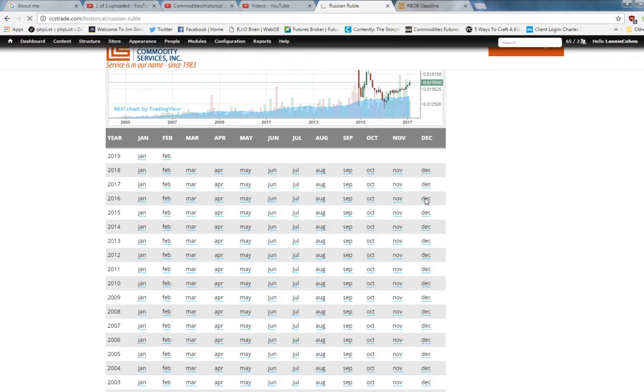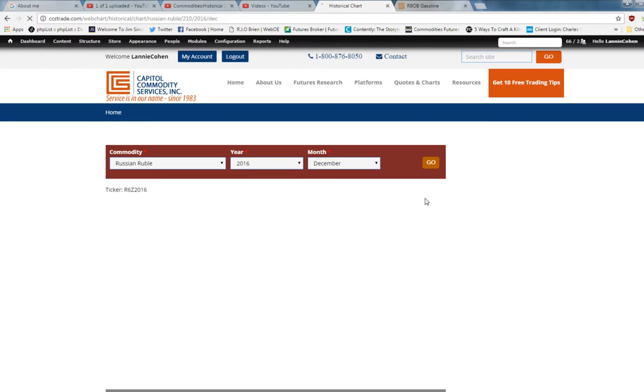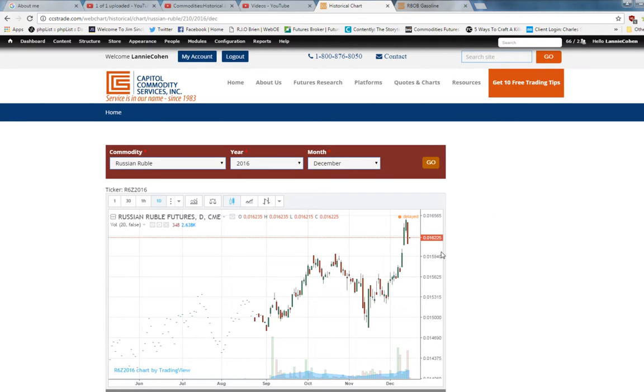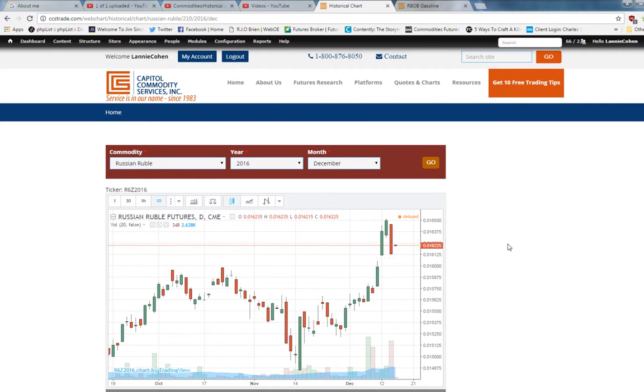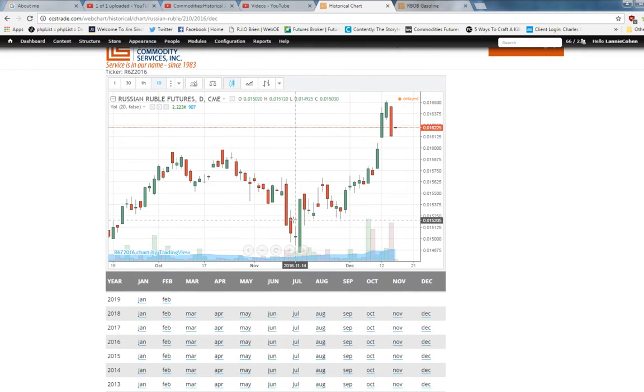Since that was such a historic move after the election, let's look at what happened after the election here. This is a daily chart for the December 2016 contract. In one day, that contract really moved from 148 up to 154.